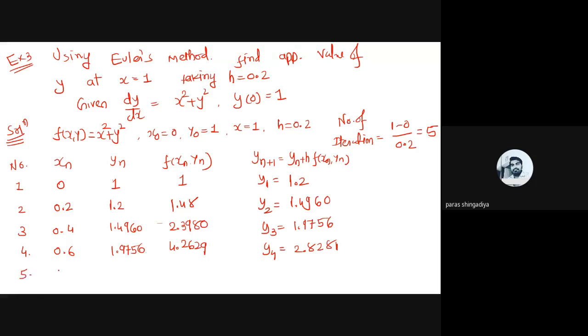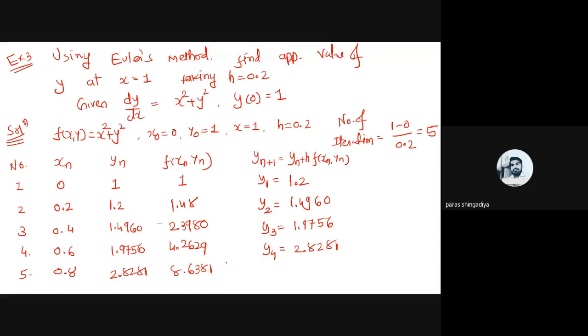And the fifth iteration, x4 is 0.8. With y4 as 2.8281, the function value is 0.8 whole square plus 2.8281 square, and that will be 8.6381.